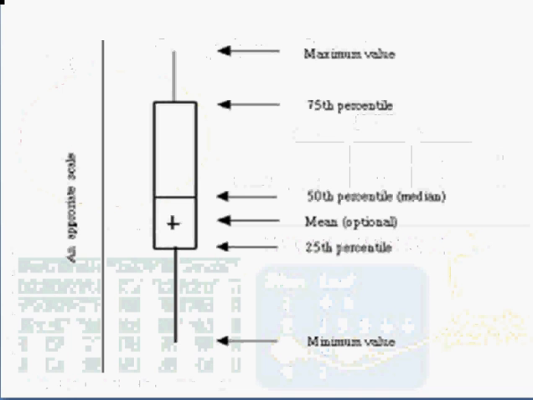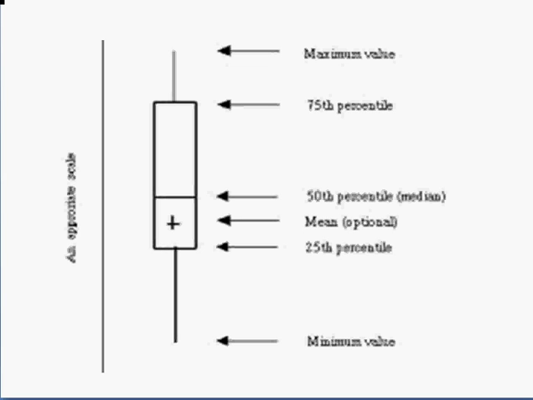This is the last one, and it's really important. It's called a box and whisker plot, a box plot. It does show the mean, but usually they won't show it. It shows the quartiles and the median. So it gives the range, the minimum, the maximum, that's the total range.